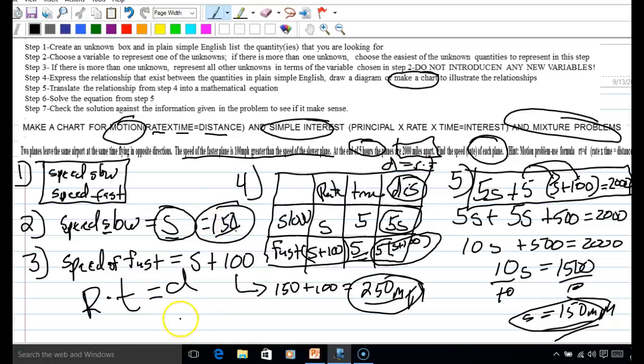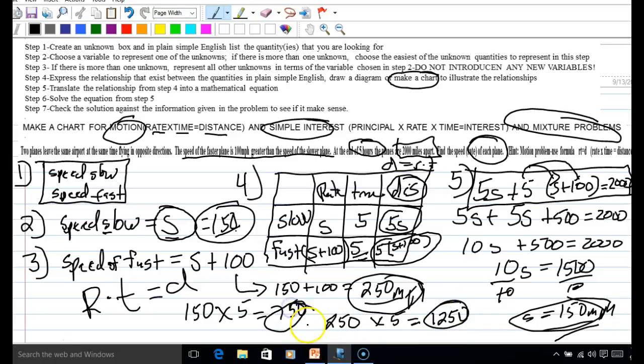So if I travel 150 miles per hour for 5 hours, then the slower plane has traveled a distance of 750 miles. If the faster plane travels 250 miles per hour, at the end of 5 hours, the faster plane should have traveled 1,250 miles. And the sum of these two is equal to 2,000, which checks out with the information that's given in the problem.